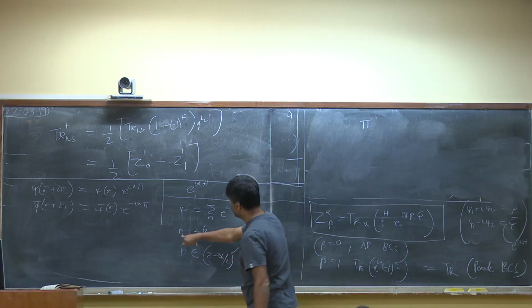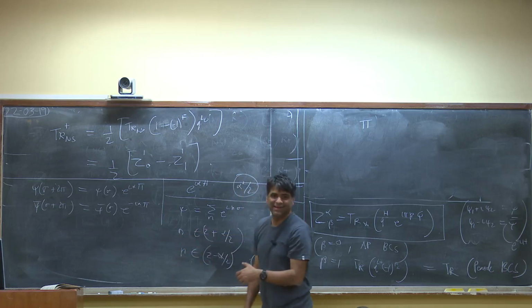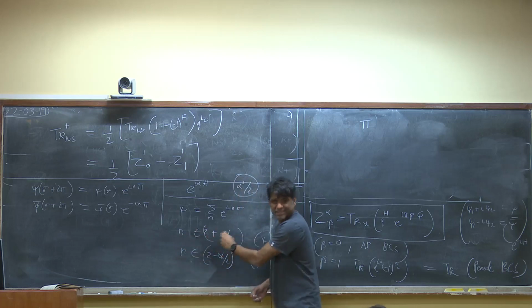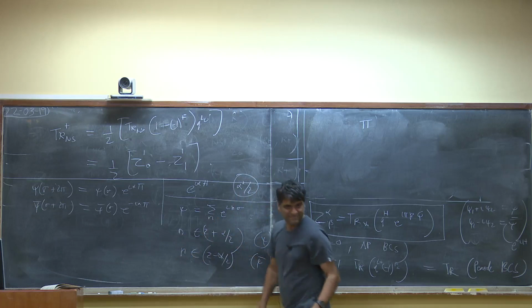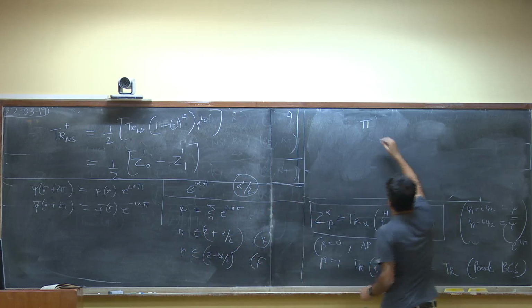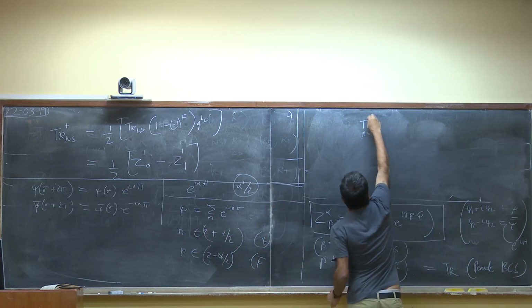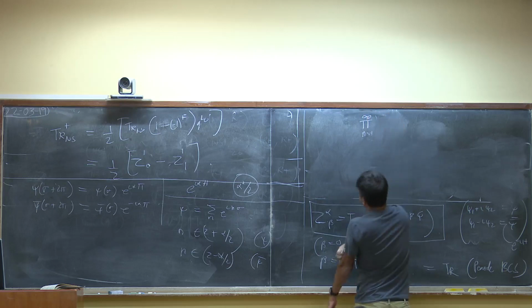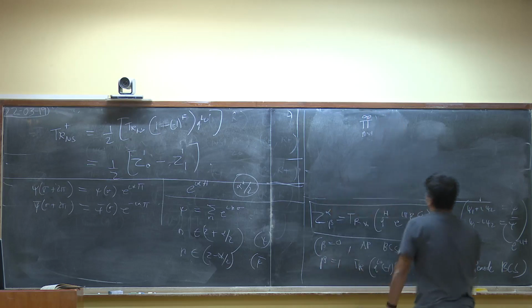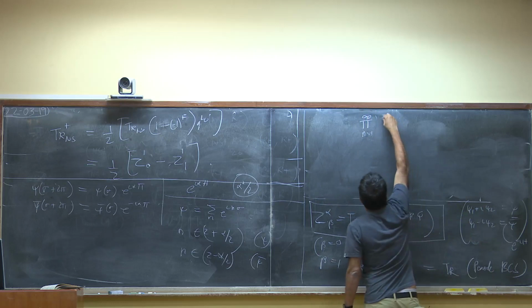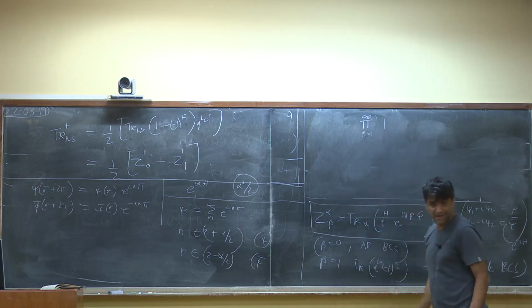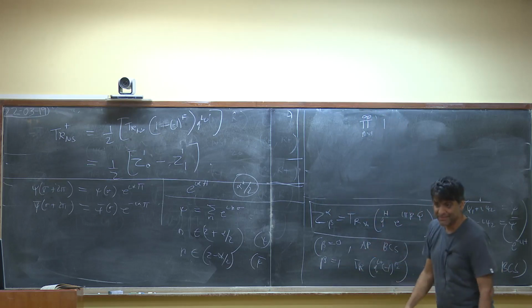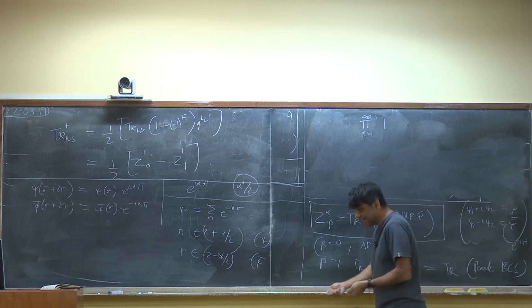So we will get the contribution from n equal to minus 1, minus 2, minus 3, and so on. So we'll get the product n equal to 1 to infinity, and then we will get 1, no state. And now the next guy will be what?